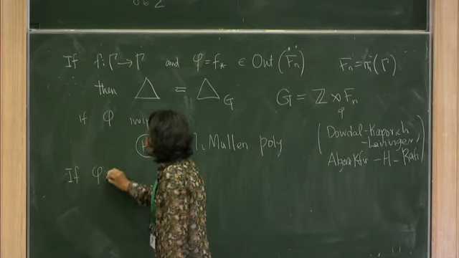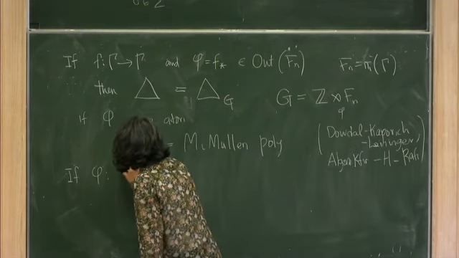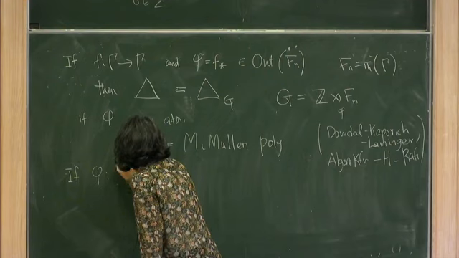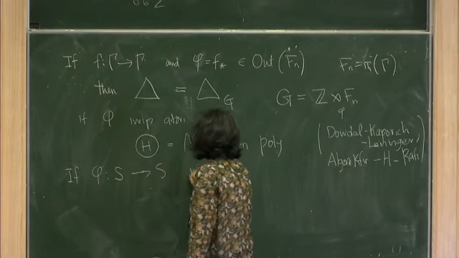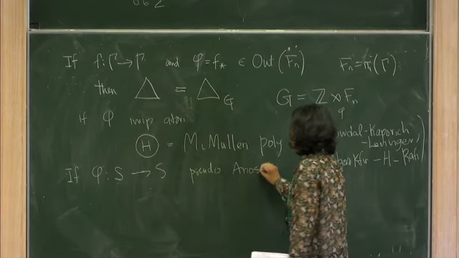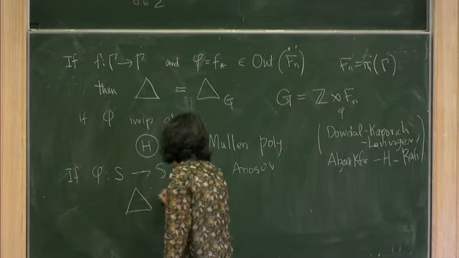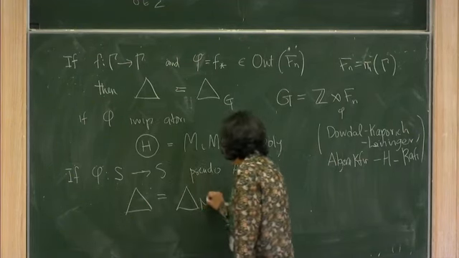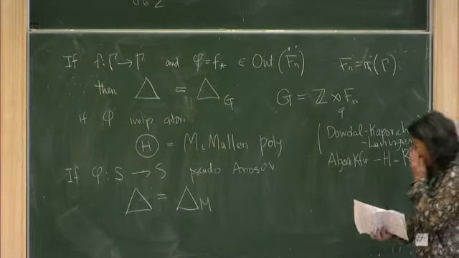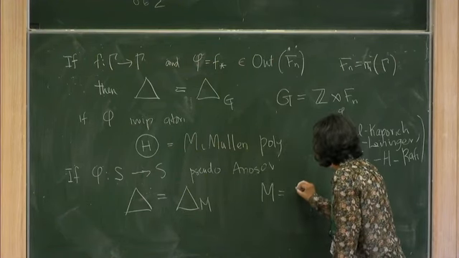Actually, are there any questions? So if phi is a pseudo-Anosov map, then delta is the Alexander polynomial for M, where M is the mapping torus.